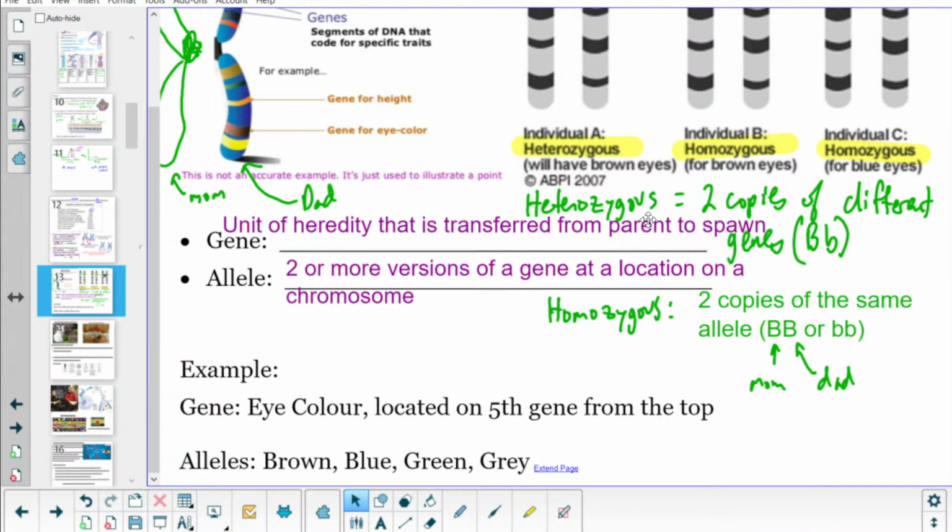So I'm going to put this over here so you can read it. Unit of heredity is transferred from parent to spawn. Your spawn. I just like the term.